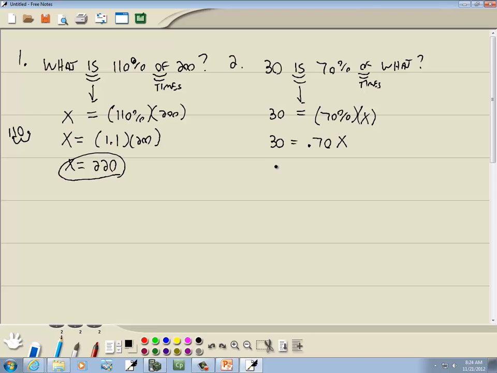Now, we want to solve for x. We just go through our steps for linear equations that we went over before. First step, get rid of parentheses, don't have any. Second step, get rid of fractions, don't have any. Third step, get everything with an x on one side, numbers on the other. That's done. Last step, divide both sides by the number in front of your x. So we're going to divide both sides by 0.7.